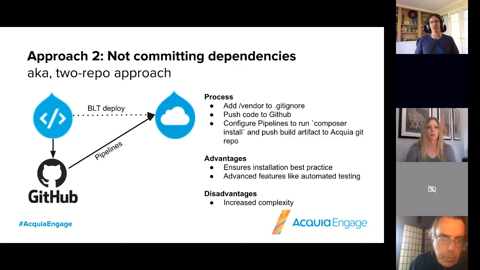Obviously, the disadvantage here is that it increases the technical complexity of your system and of doing those deployments. Somebody has to know Pipelines or know Jenkins and be able to write them in the first place and manage those files as you go forward in order to facilitate this approach.